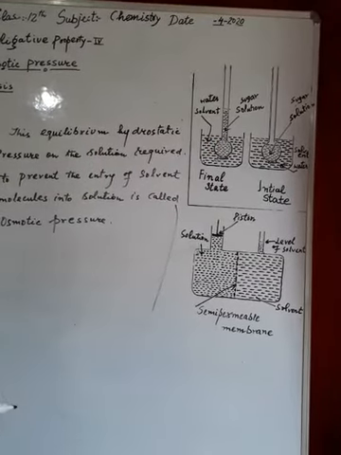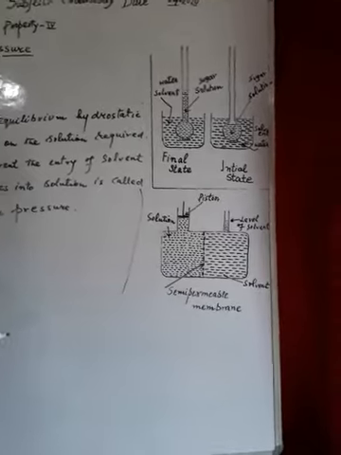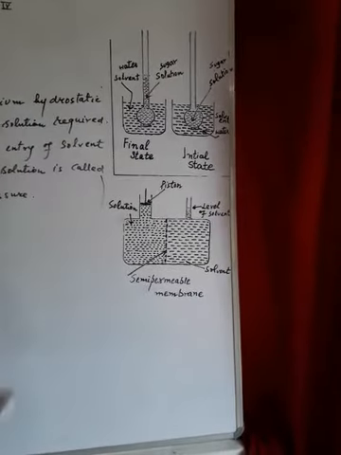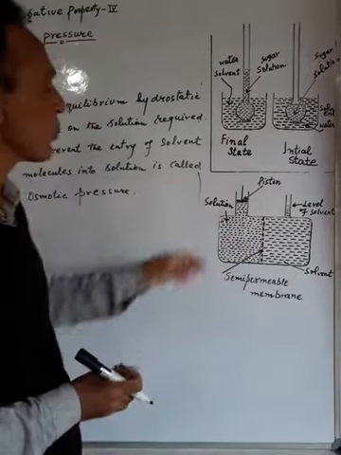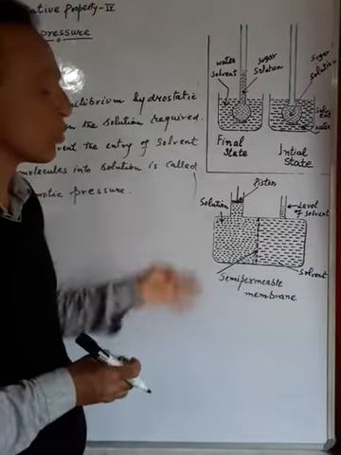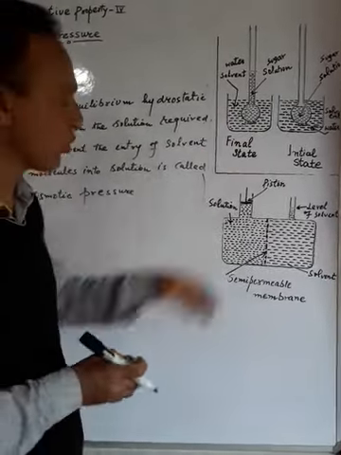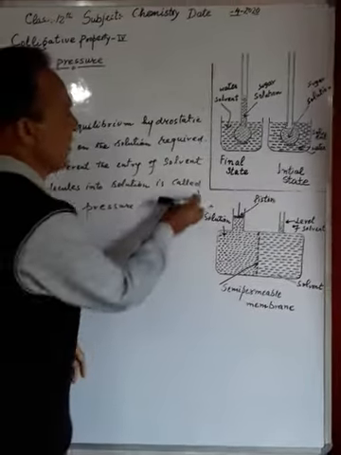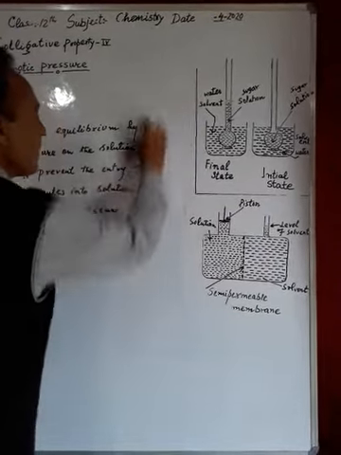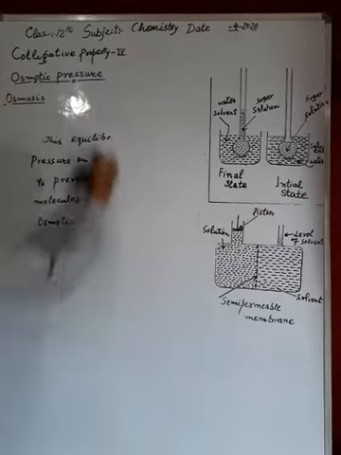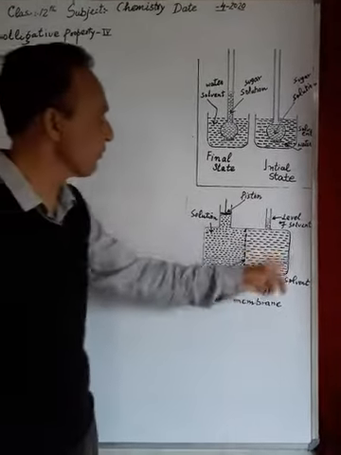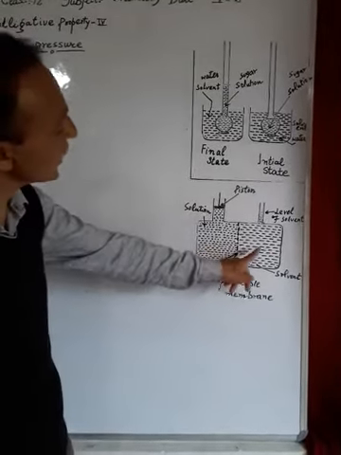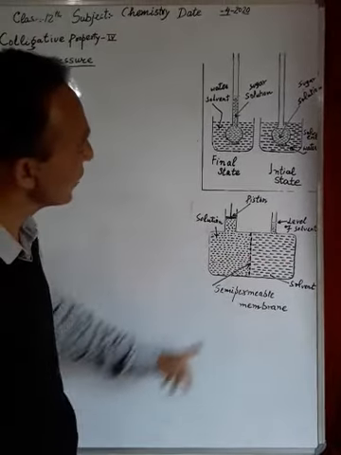Now, alternately, we can explain it in another way. We will apply pressure and stop the entry of the solvent molecules into the solution, or we will stop the osmosis by applying pressure. For this, we will take a vessel and divide it into two compartments.